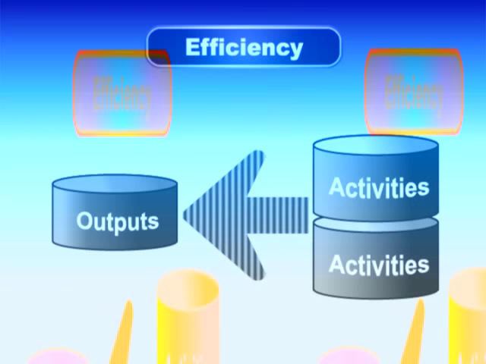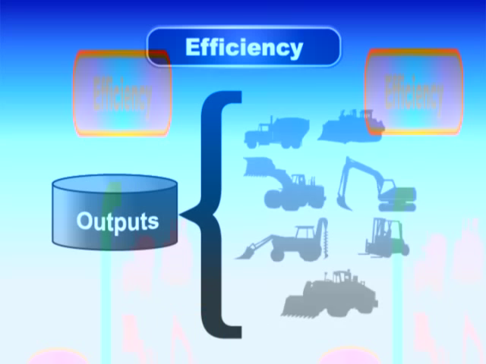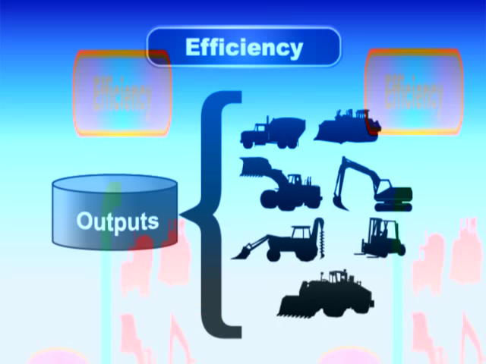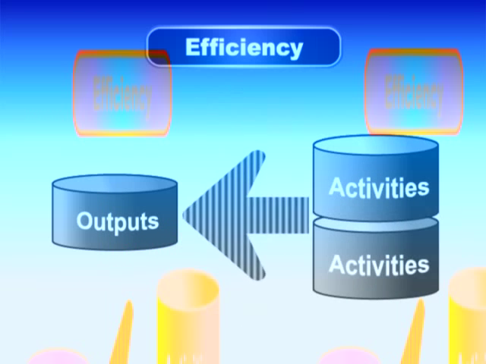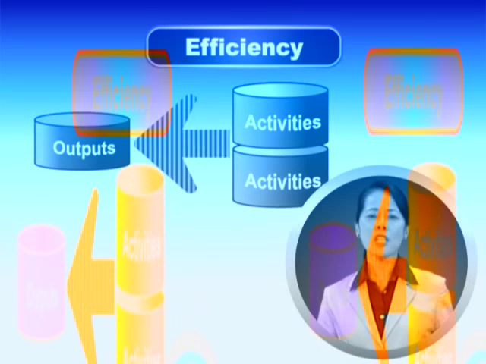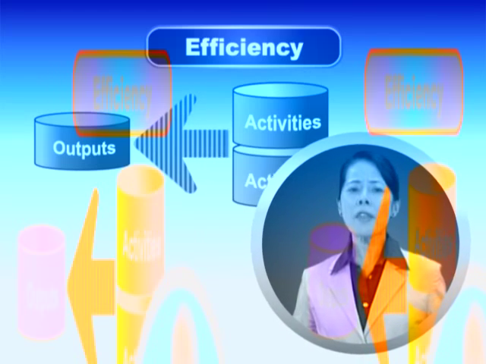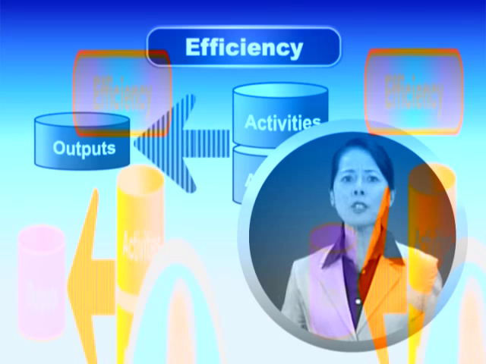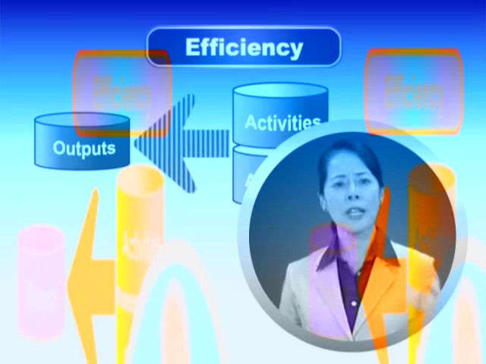For example, you check whether or not the activities have been using appropriate equipment and human resources according to the planned schedule. In addition, consideration is also made as to whether there were any other ways to bring about the same outputs with fewer resources.